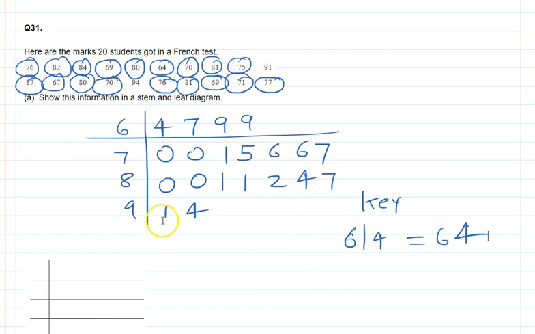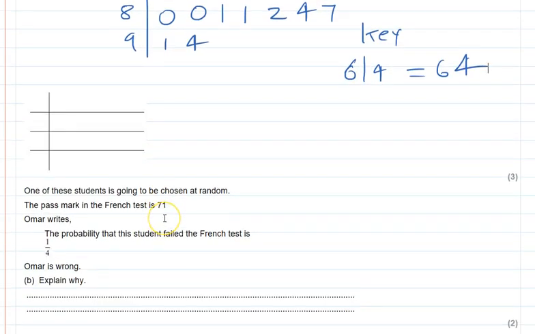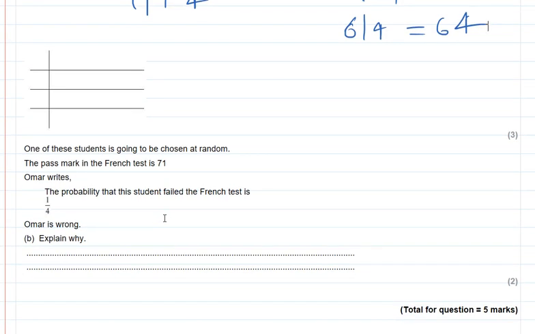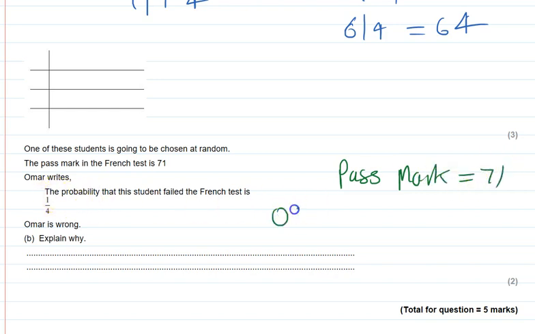Now the next bit: they are saying one of the students is going to be chosen at random. The pass mark in the French test is 71. Omar writes that the probability that this student failed the French test is 1 over 4.